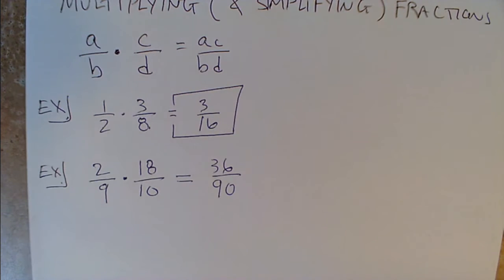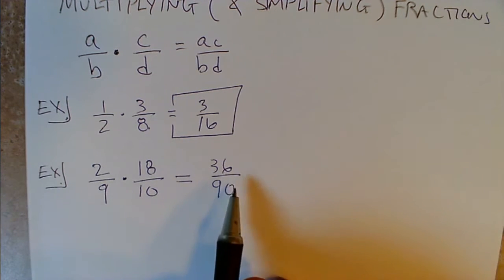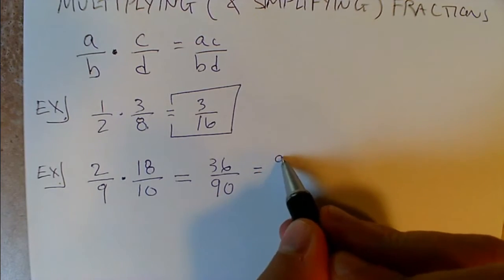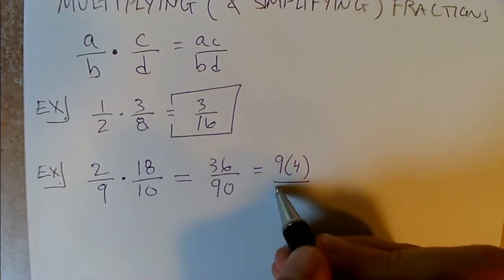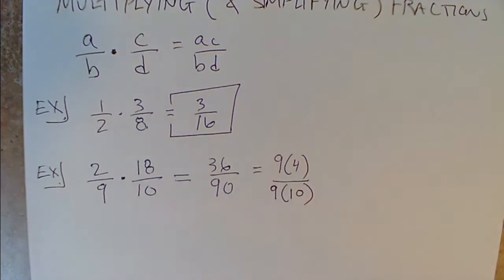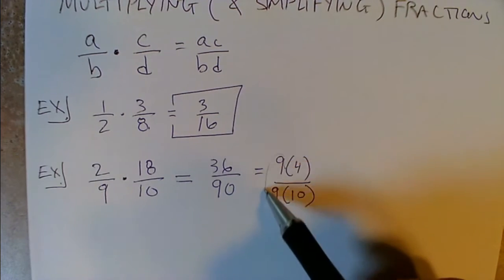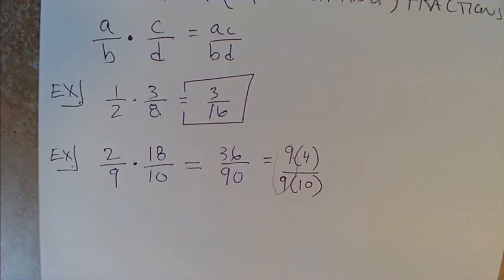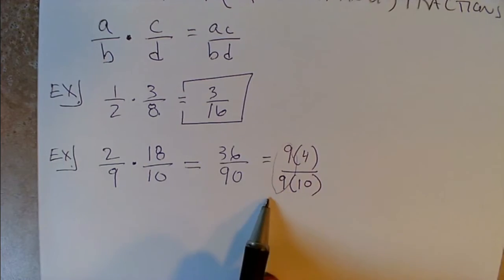I made a video specifically about simplifying fractions earlier, and that should be available on the old YouTube channel there. But if I look at this, do these have any common factors? They actually do. That's 9 times 4 divided by 9 times 10. Remember, something divided by itself is 1, so 9 divided by 9 is 1.